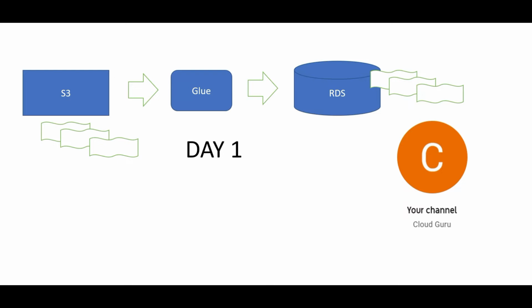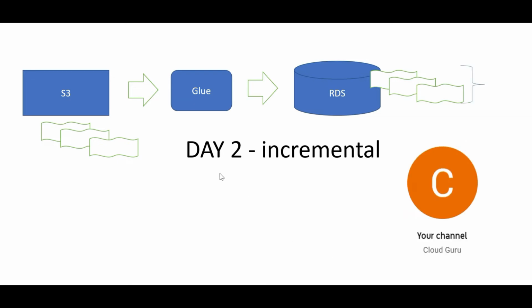The pain point happens when you do day two, day three, day four incrementals. For the first day there were three files, and you moved these three files here. Perfect. Now on the second day, these three files are day one data, which is already in the database. On the second day, a fourth file comes.